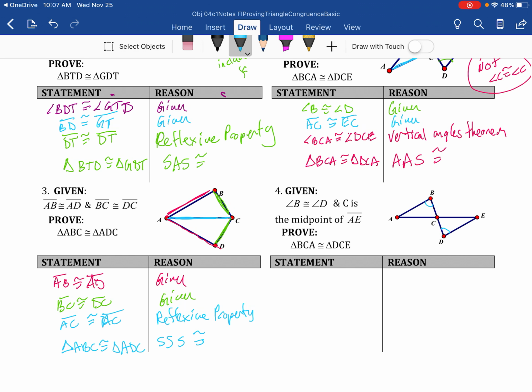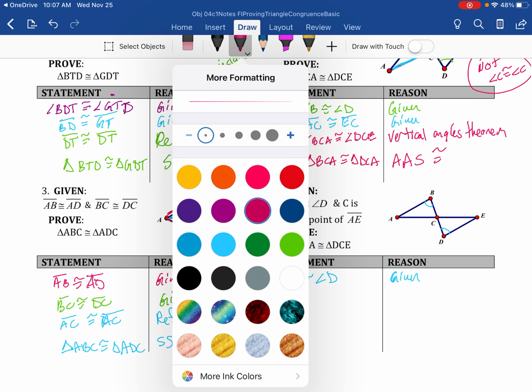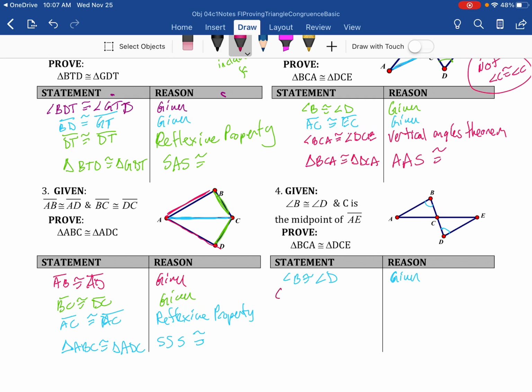And then last, but not least, is this one here. I'm given angle B is congruent to angle D. This one's a little bit trickier. That's given to you. It also tells me, and there's really not much I can write with this alone because I can't mark anything, C is the midpoint of AE. So I write that that was also another piece of information. It's like going to court. This is something that was given to me.